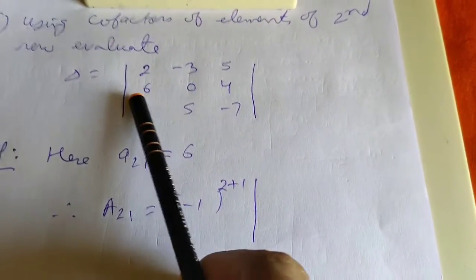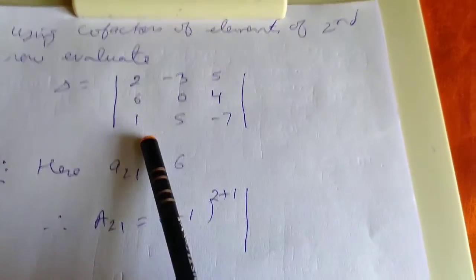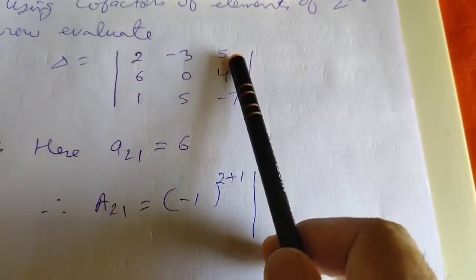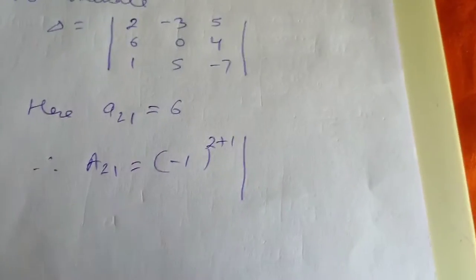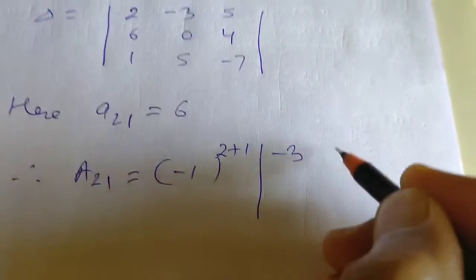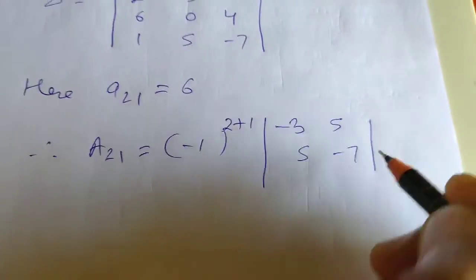So if you cancel it out, 6, 0, 4 will be cancelled out, and 2, 6, 1 is also being cancelled out. Remaining will be minus 3, 5 and minus 7, so we'll make a determinant of that. This is minus 3, this is 5 and minus 7.